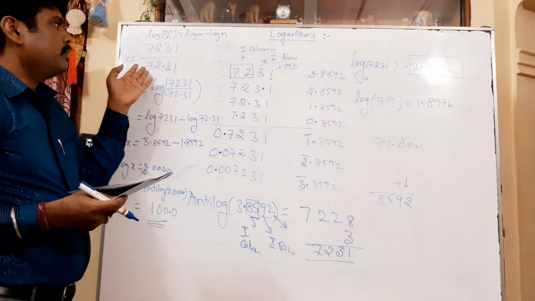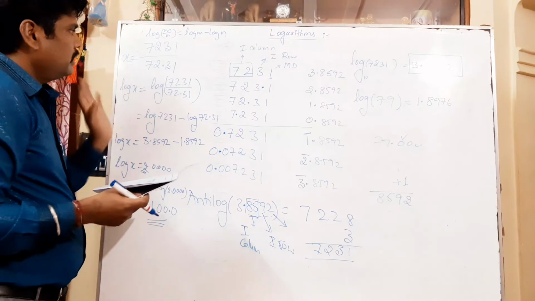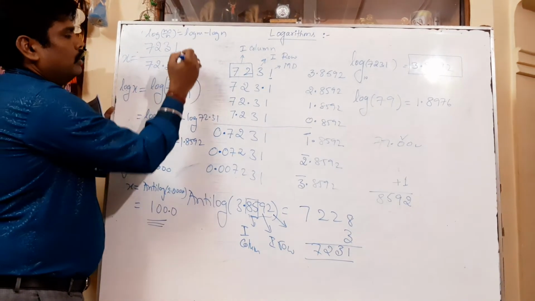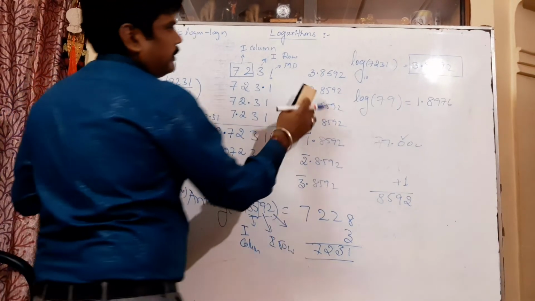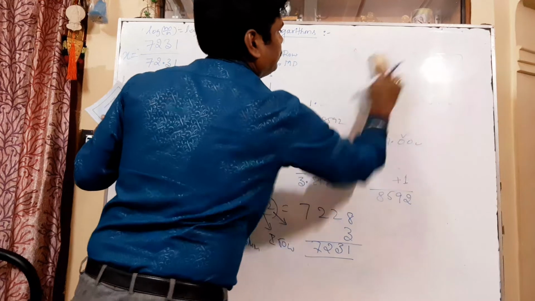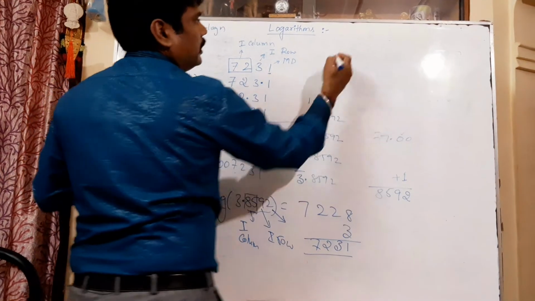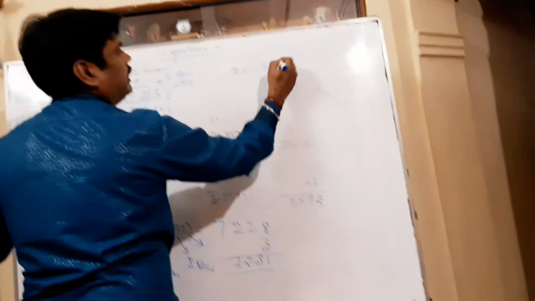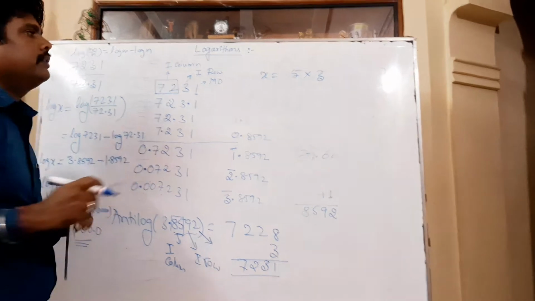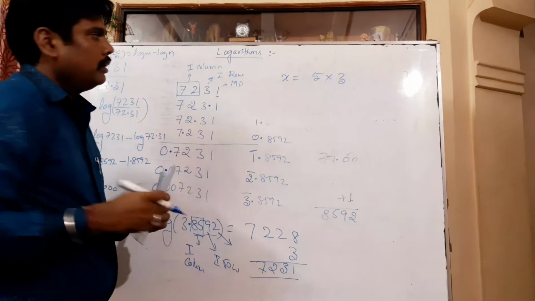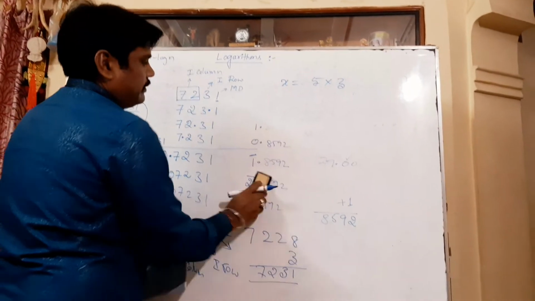Here I have taken the example for division. You can go for the multiplication also. If you want to multiply two numbers, if I take an example here, if x is equal to 5 into 3, you know 5 into 3 is 15. In logarithmic language, how to solve this 5 into 3?